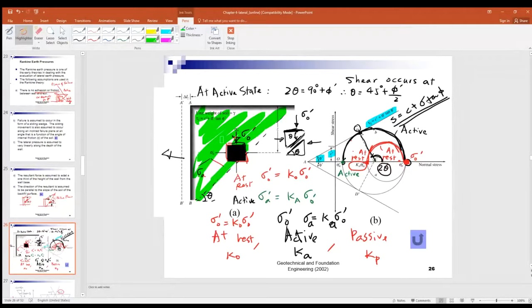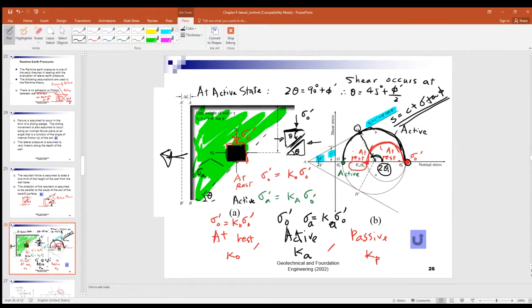The soil wedge here will fail by moving out. What's the angle? The angle is 2 theta.